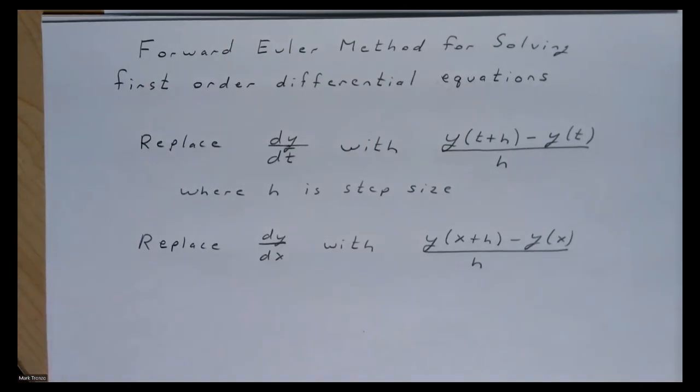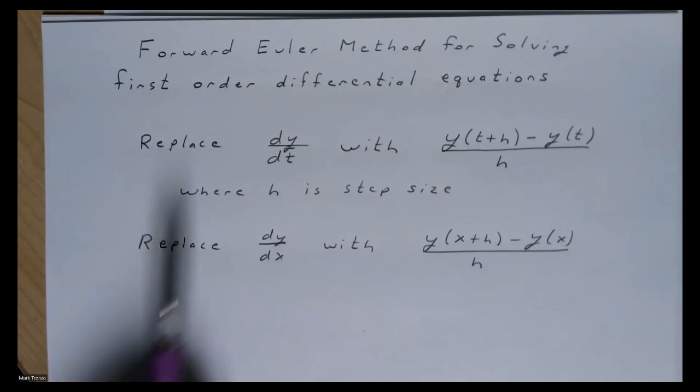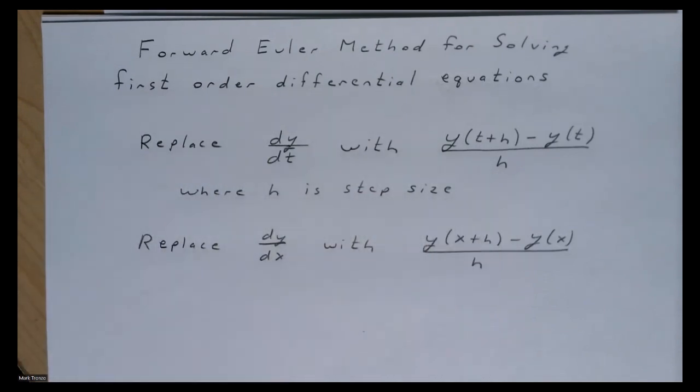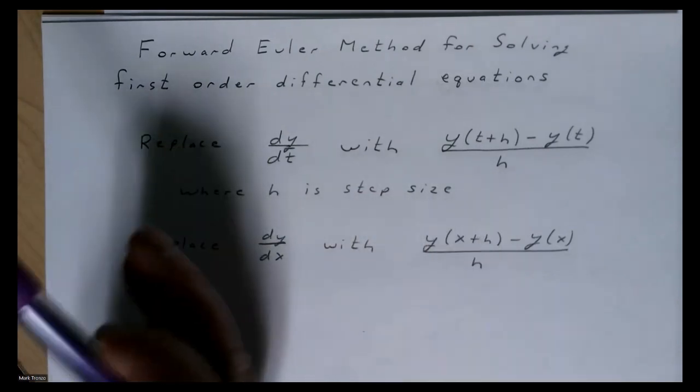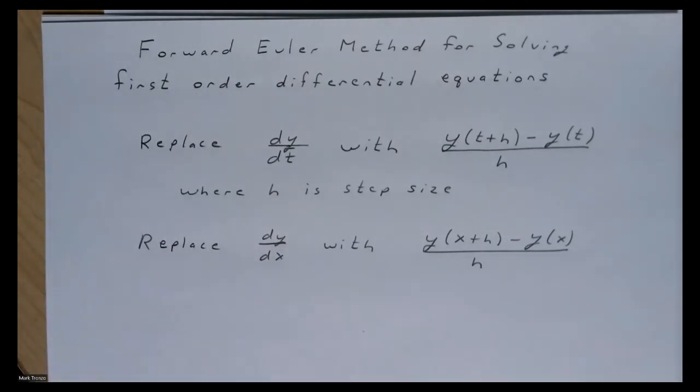Same idea. In most examples that I'll go through, t will be our independent variable, but it doesn't really matter. The process is the same no matter what. So let's look at an example.